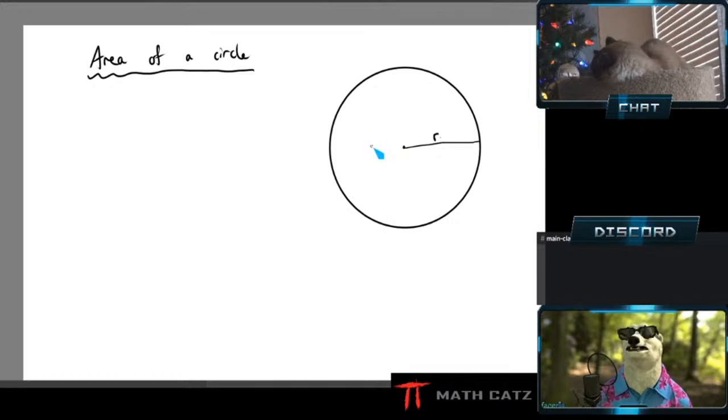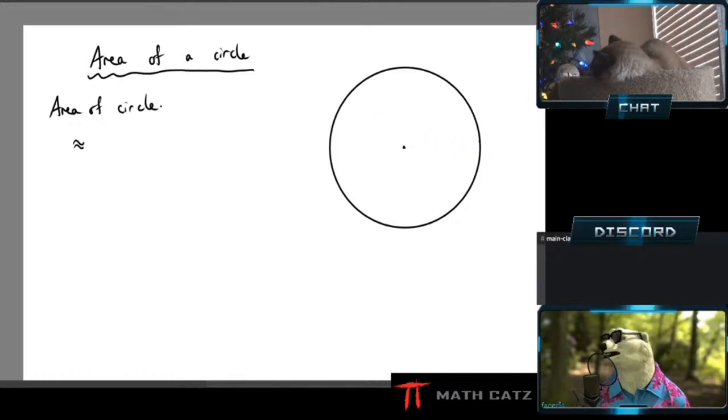Area of circle, I'm going to use not an equal, but a squiggly equal because it's approximately equal. Let me make some space here. Let's look at a polygon that I can handle. It's not going to be big. Should I try and copy the hexagon? Maybe I should try.